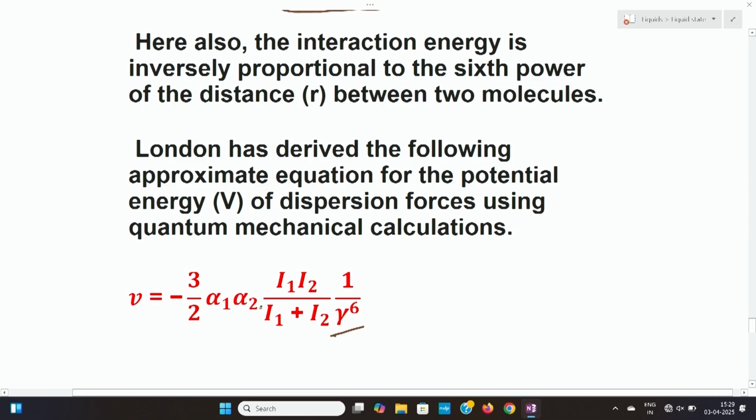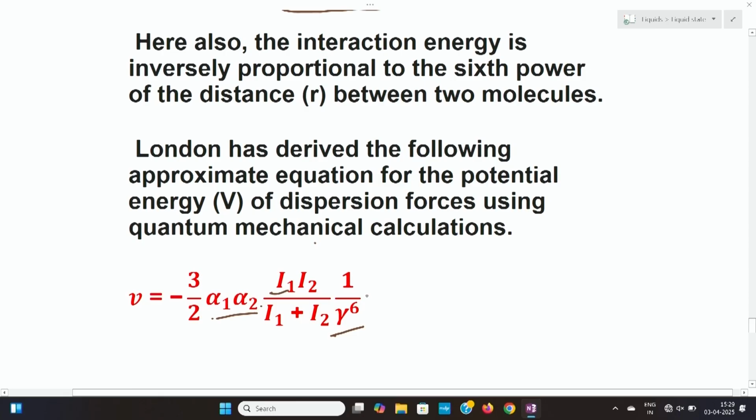Here alpha 1 and alpha 2 are the polarizabilities of the two nonpolar molecules, and I is the ionization energy. Ionization energy is the amount of energy required to remove an electron from an isolated atom or molecule.